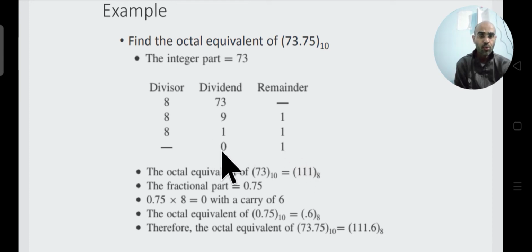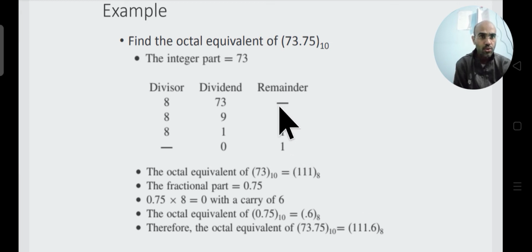And now the new quotient is 0 because nothing is left. Whatever was left, we have noted down here. After noting it down, we have to write 73 in the reverse order. So we start from here, and this number becomes our MSB, which is 1.